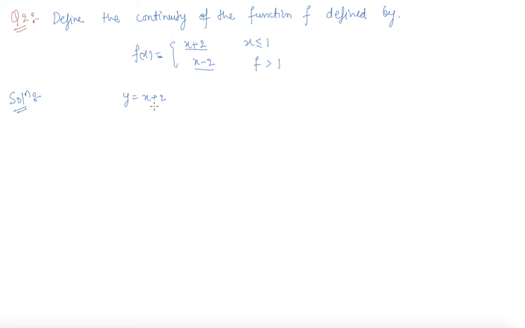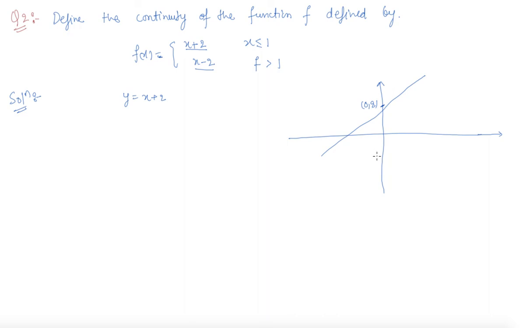How will we check that? Let me draw the graph of this function, then you can easily state it, but we will also check using the limit. y equals x plus 2: at x equal to 0 the function is 2, this is the point (0, 2), because the y-intercept is 2.